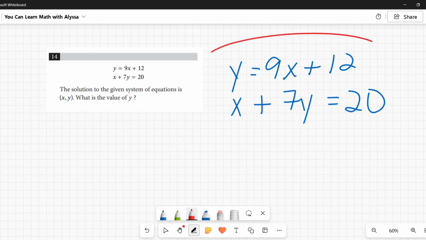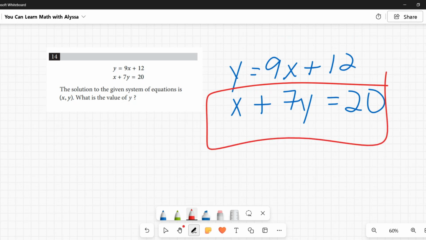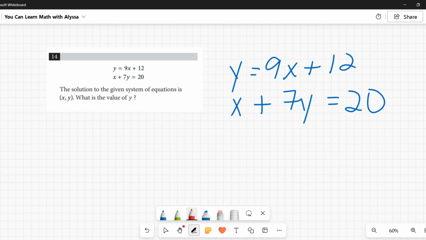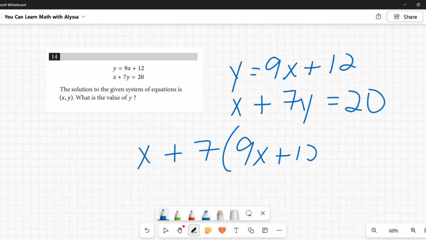So, for example, this one, they've already solved for y. y is equal to 9x plus 12. So you go to the other equation, and wherever there's a y, you plug in 9x plus 12. So, if we do that, we're going to get x plus 7 times (9x plus 12) equals 20.